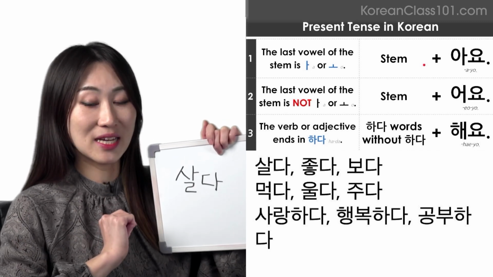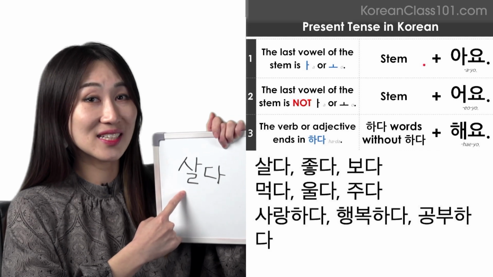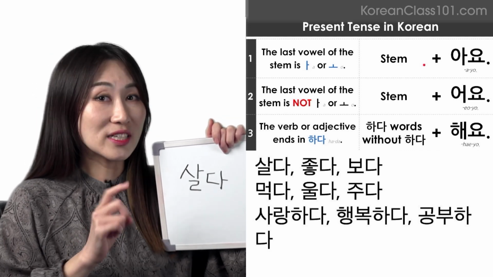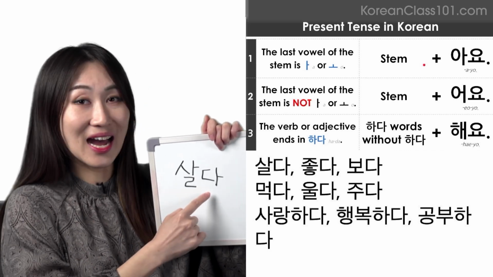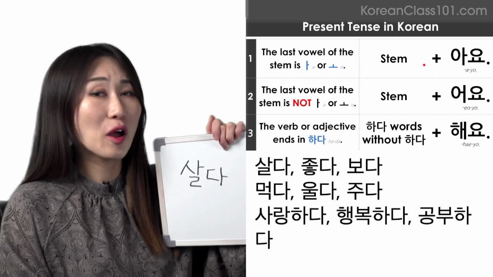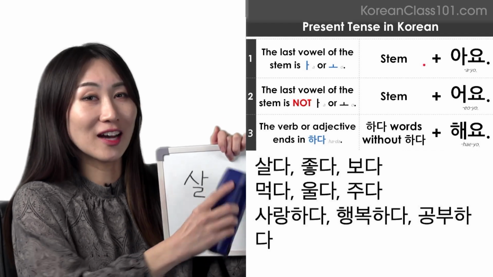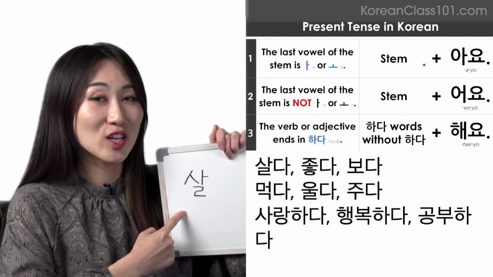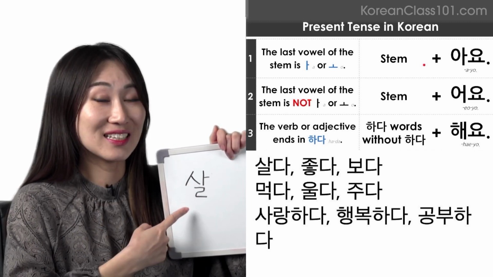What is the stem? 살 is the stem. So it's 살다, right? Always Korean verbs and adjectives end with 다 at the end. But 다 is useless. Remove 다, and you only have 살, right? This is the stem. So the verb or adjective without 다 is the stem.